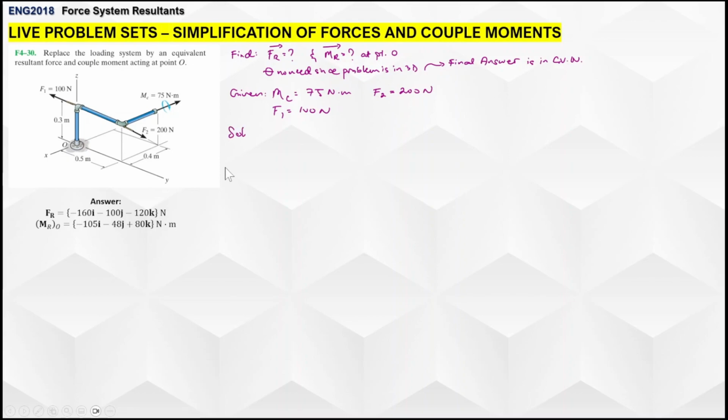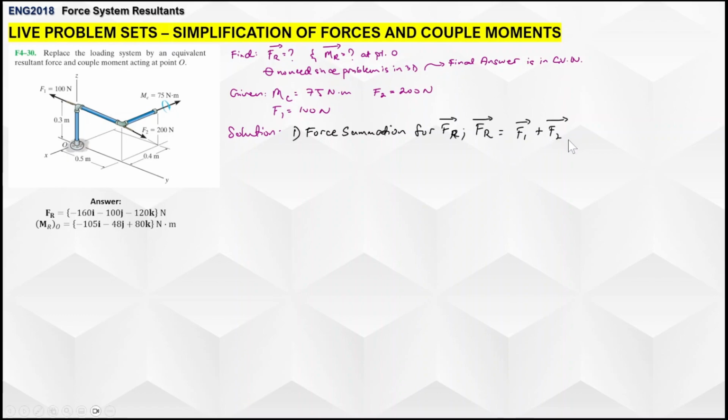Let's start with force summation, to identify our resultant force. We recall from lecture 2 that the resultant force vector is a summation of the individual force vectors. So it's going to be F1, F2 in their Cartesian vector notation.